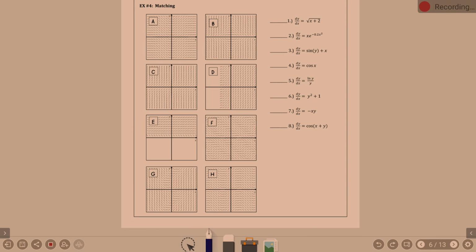X can't be negative. What do we know about square roots? You can only take the square root of a positive value. So what's going to have to be true about x plus 2? X plus 2 is going to have to be positive, greater than 0. And if x plus 2 is greater than 0, then x has to be greater than negative 2.